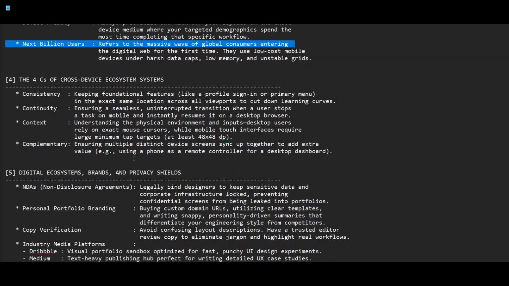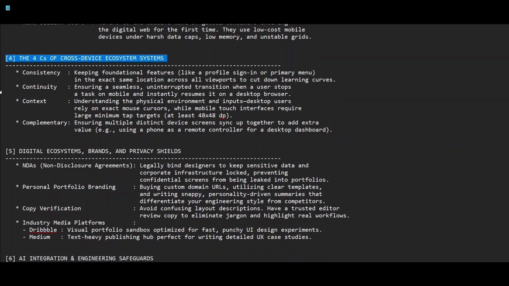Okay, that's the thing. The fourth topic was the four C's of the cross-device ecosystem. Consistency: be consistent with features like profile, design, and preview. Continuity: ensuring a seamless, uninterrupted transition when a user switches devices. Context: understanding the physical environment and the inputs.